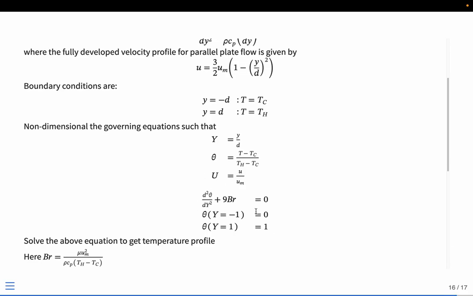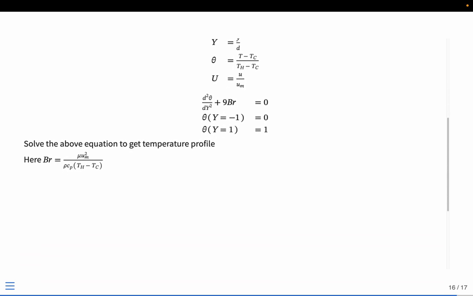You can quickly solve and find the expression for theta. You have to first find C1 and C2 by substituting these boundary conditions.